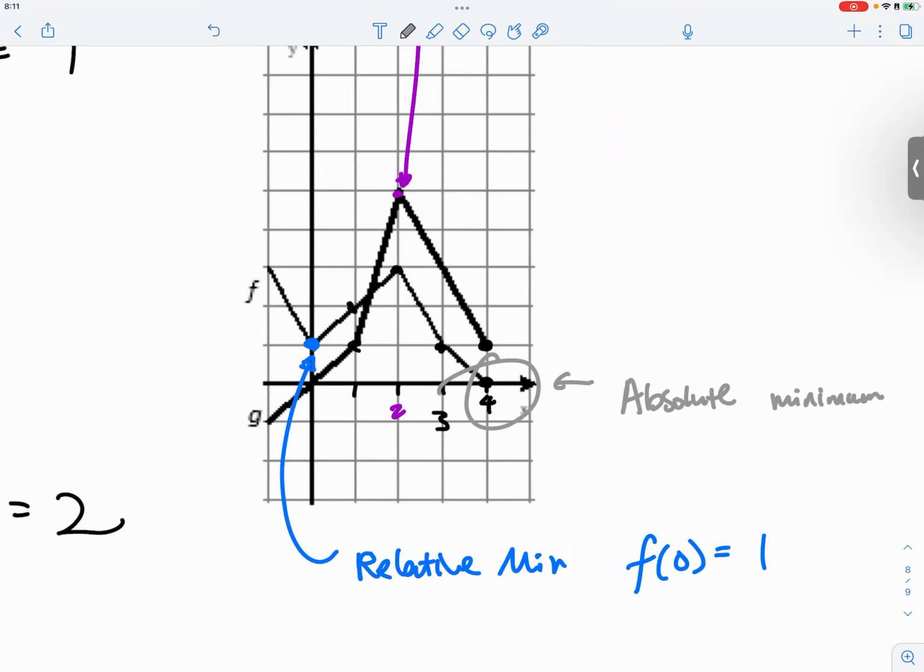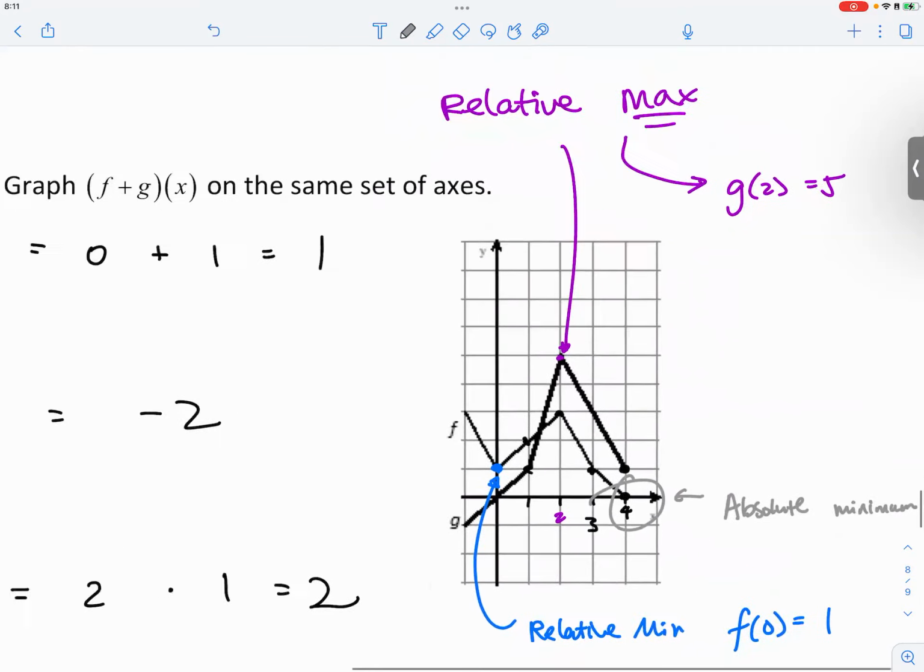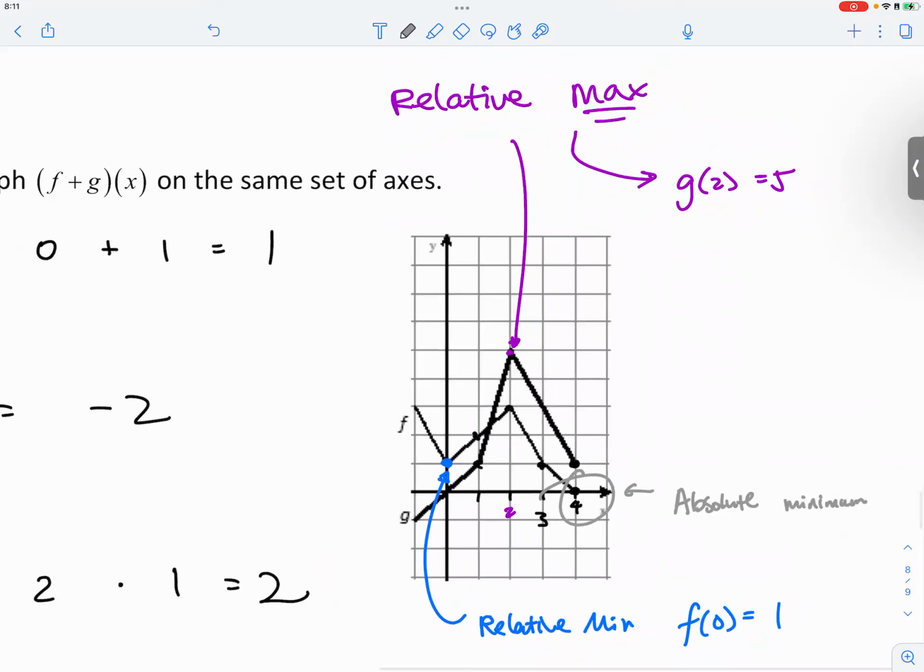So for function f, this is the lowest point, and that is the absolute minimum right there. For the g function, this is a relative max, and guess what? This is also the absolute maximum as well for g.